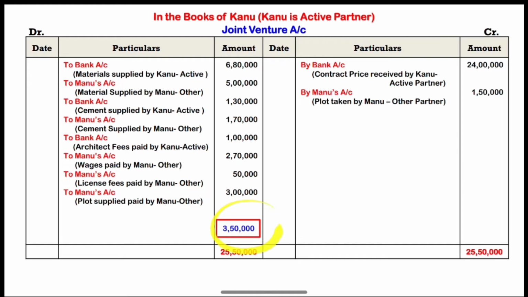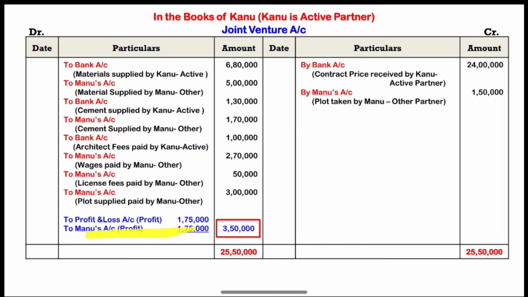In this example, profit sharing ratio is given equally. So 1,75,000 to both the partners. Active partners' profit is transferred to profit and loss account. Other partners' profit is transferred to other partners' account. Clear? So this is in the books of Kanu, joint venture account.